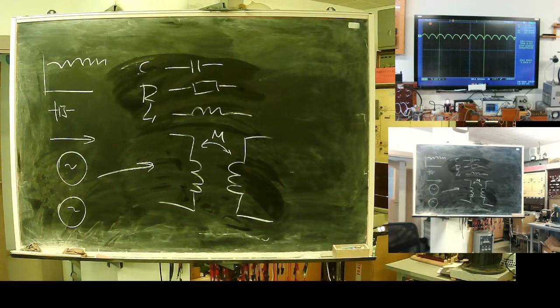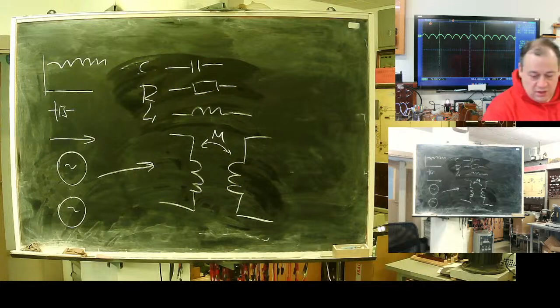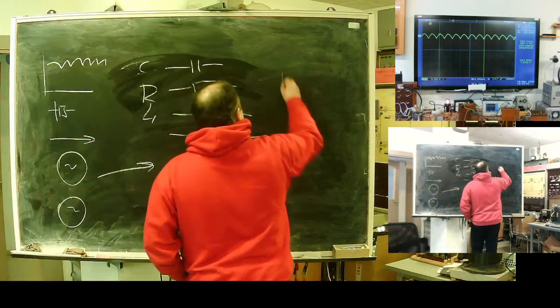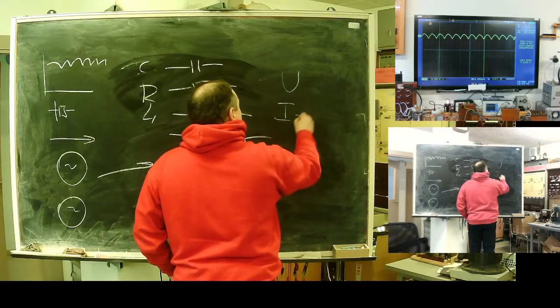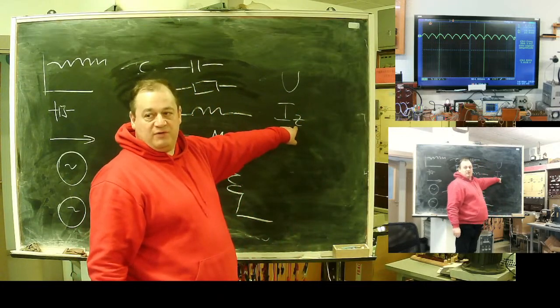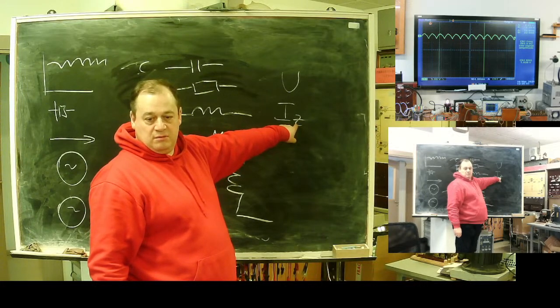What will I get? The network regime or mode: voltages and currents. This Z means ZARS, from Latin. It's a branch current.